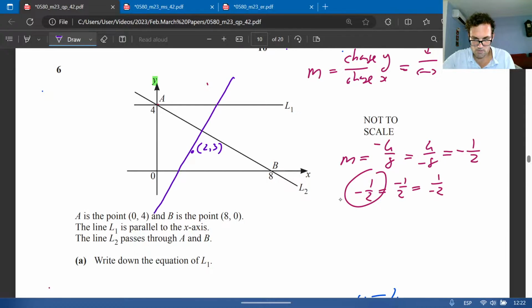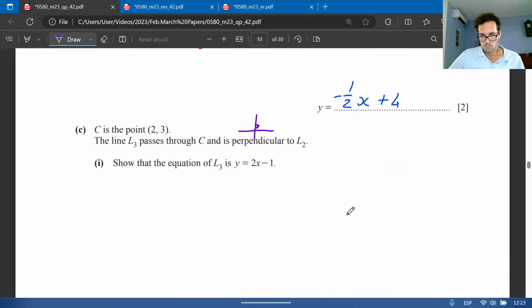Okay, this is all just rough, yeah? So imagine there's a line, this is a 90-degree angle. Okay, this is not exact, it's not to scale. Okay, right, perpendicular line. Show that the equation of line 3 is y equals 2x minus 1.